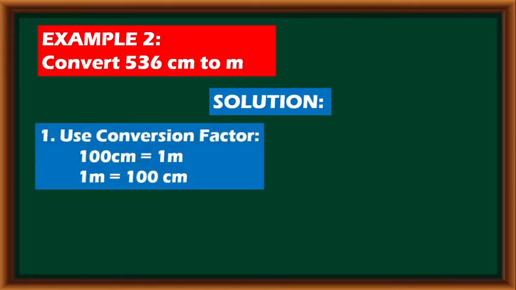Meaning to say, in your first solution, make use of the conversion factor that every 100 centimeter is equal to 1 meter, or vice versa, 1 meter is equal to 100 centimeter.